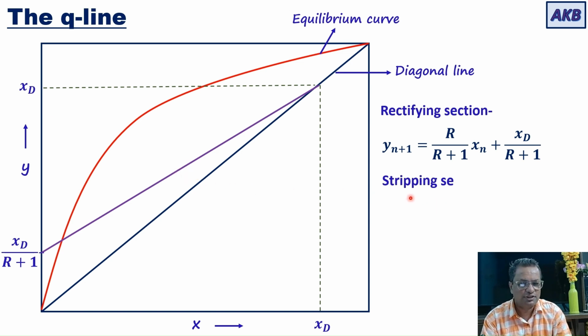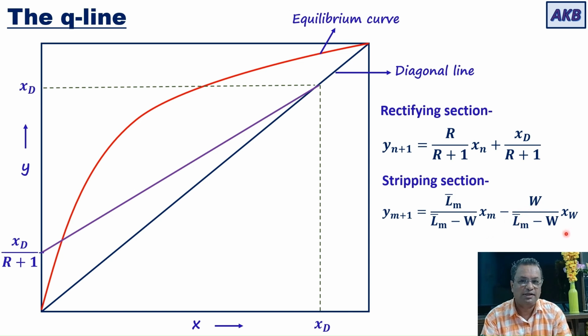Then for the stripping section, the equation for the operating line is y(m+1) = L̄m/(L̄m − W) xm − W/(L̄m − W) xW. Again, I have discussed it in detail in my earlier videos. So how is the operating line for the stripping section plotted?